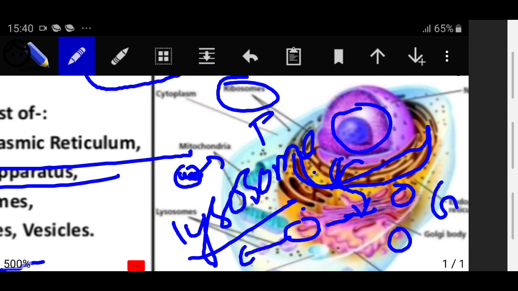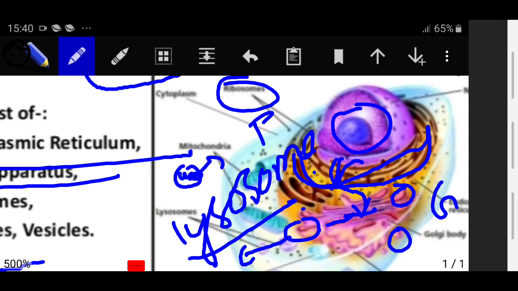These hydrolytic enzymes will digest the food particles, as well as injured organelles present in the cell, like mitochondria or any other organelles that get injured, right? This is the function of lysosomes, I told you. In this slide, you should know only one thing: that transformation of membranes is taking place here. How that happens, we'll discuss clearly in the next slide.